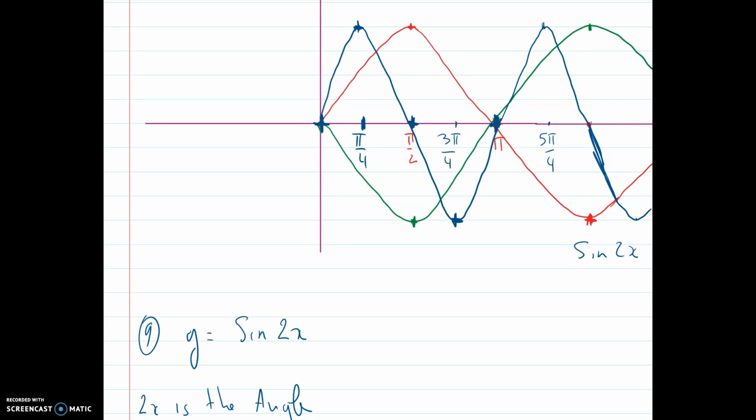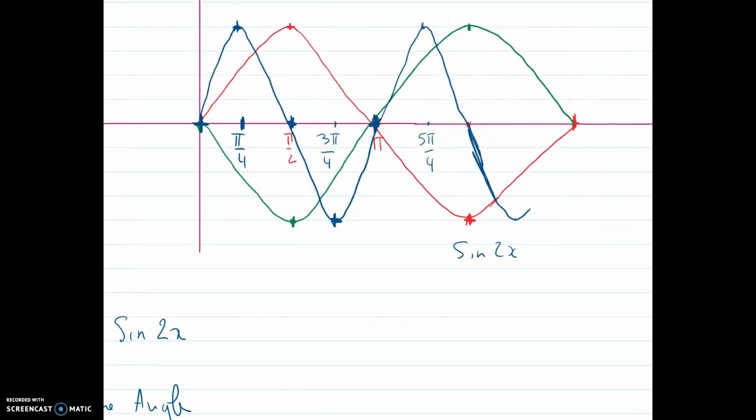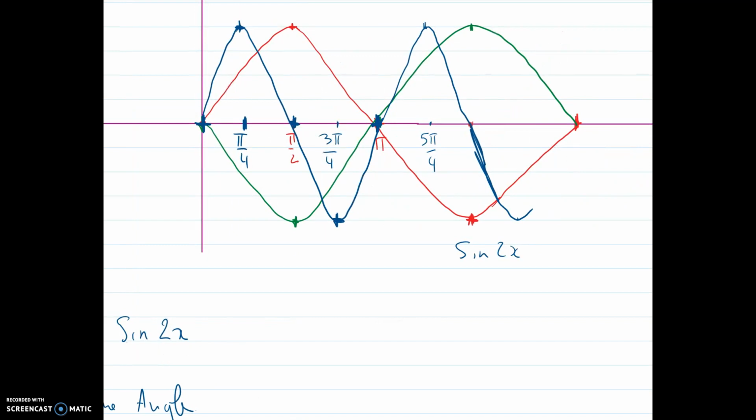So it is very interesting to see what is the difference between the red one, which is sinus x, and sinus 2x, and the effect of multiplying by 2 the x.